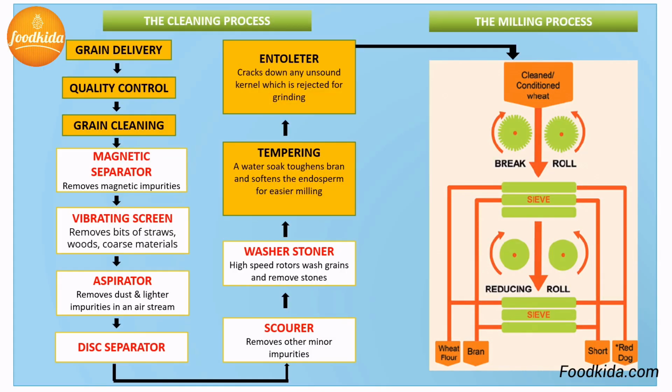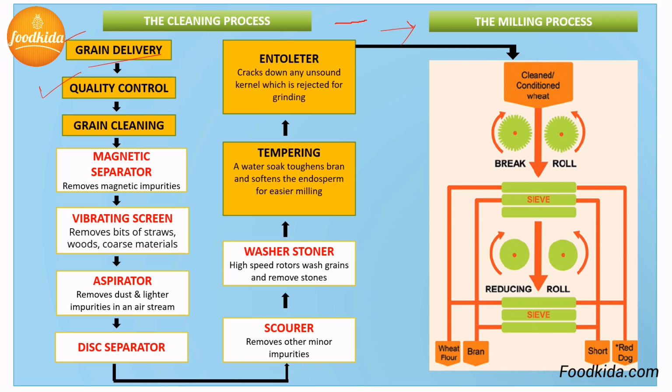So this is the whole flowchart of the wheat milling process, which is divided into the cleaning process and the milling process. Firstly, grain is supplied to the factories or industries, and after that it undergoes quality control.